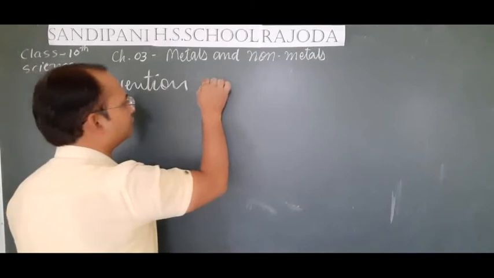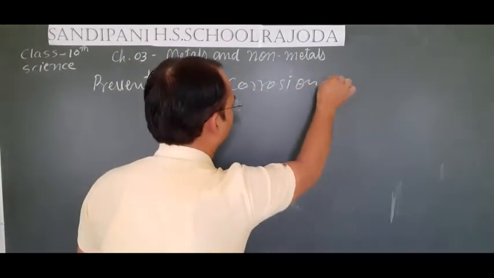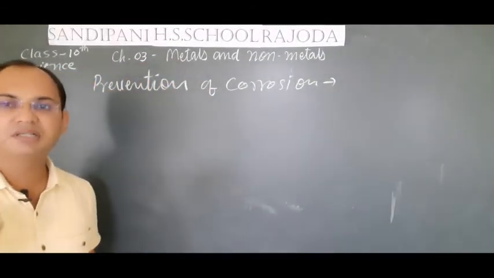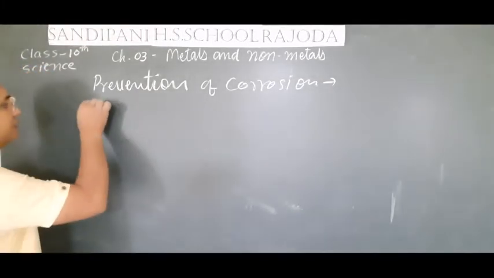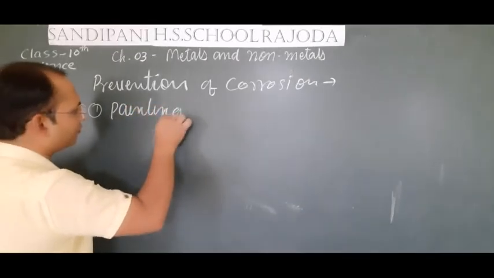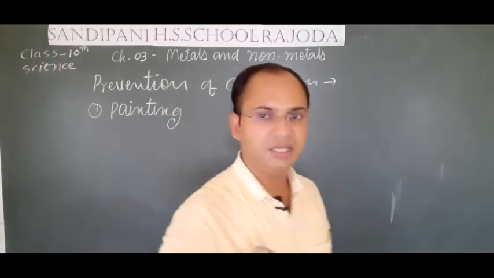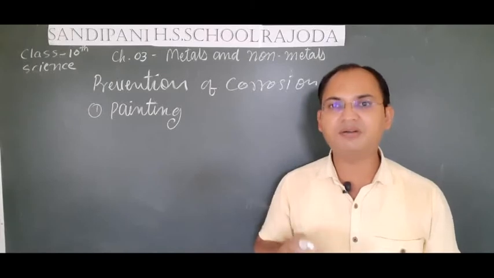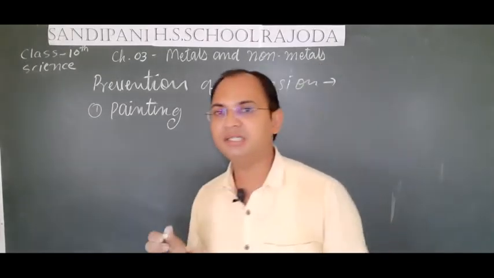So the next topic is prevention of corrosion. The basic primary method used in order to prevent corrosion is, students, painting. If we paint the surface of the metals, then that paint will cut the contact of the surface with the environment, with the water and air, so they do not get corroded easily.